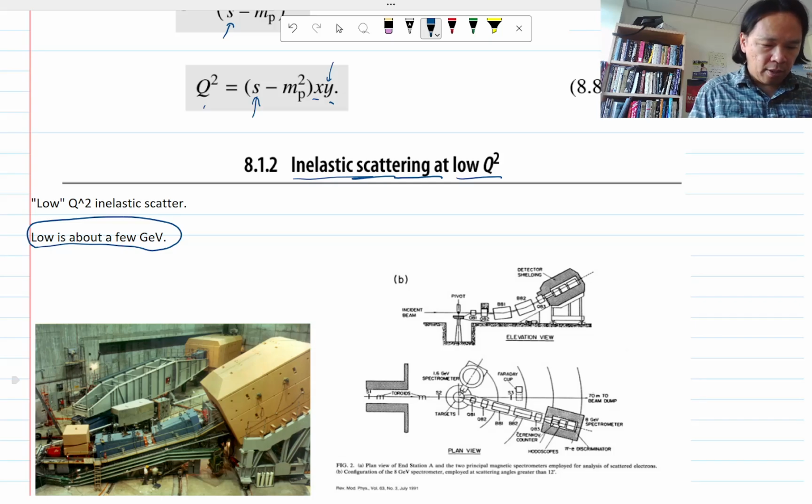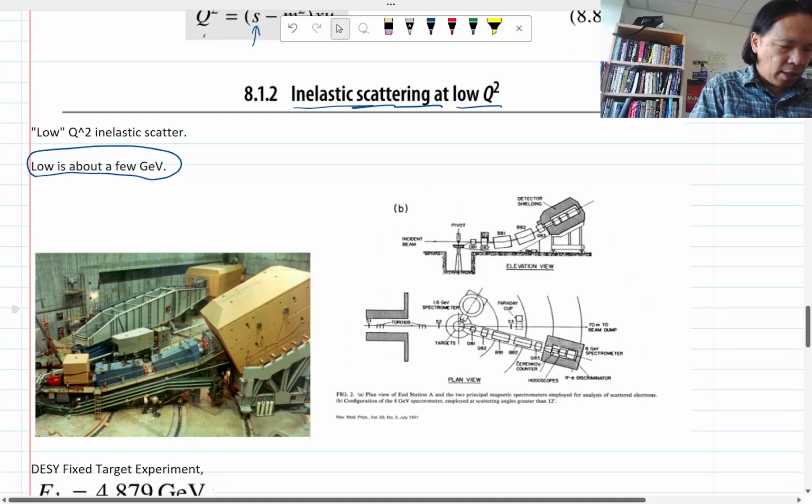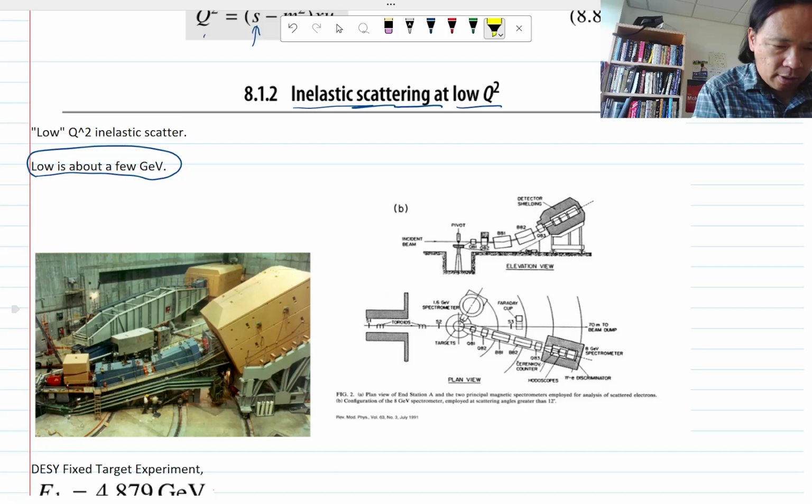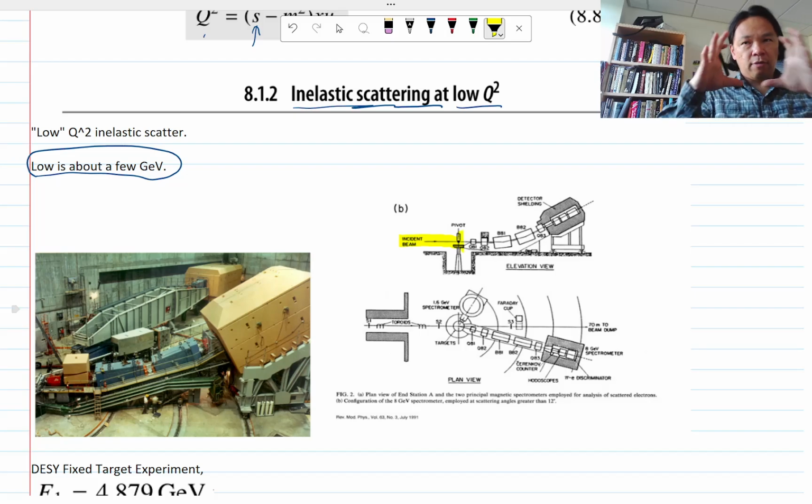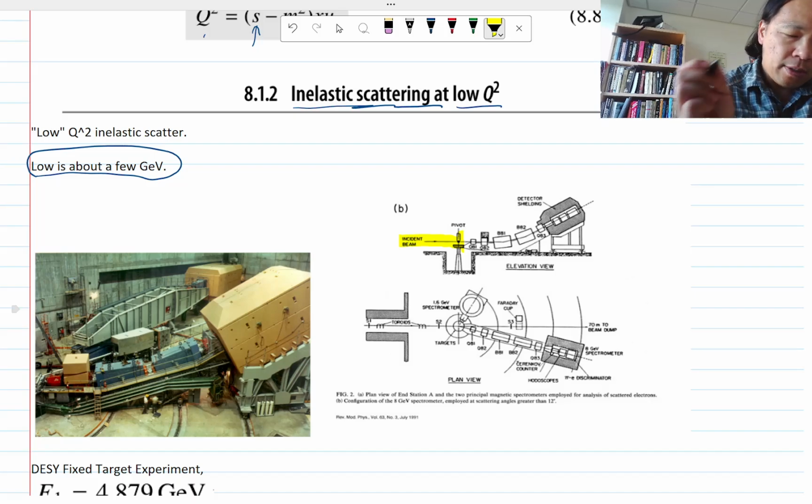The way people measure this, if we look at this little diagram on the right, is that we have a beam of electrons and a fixed target, usually liquid hydrogen, because we want to smash them into protons, and hydrogen is made of protons.